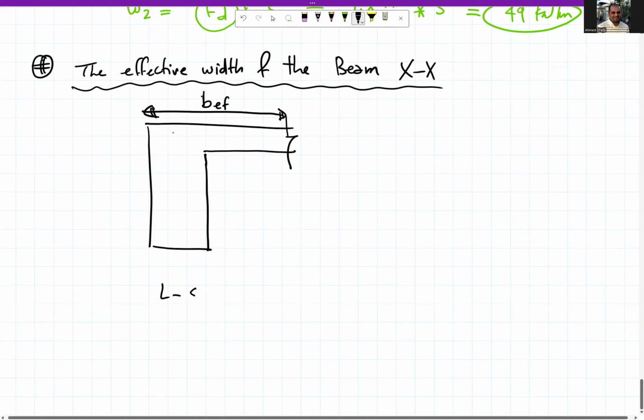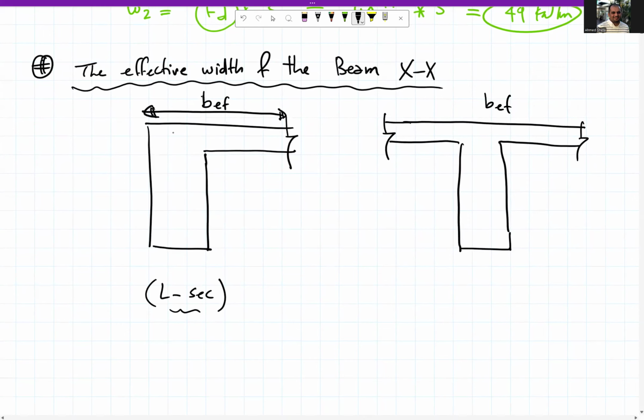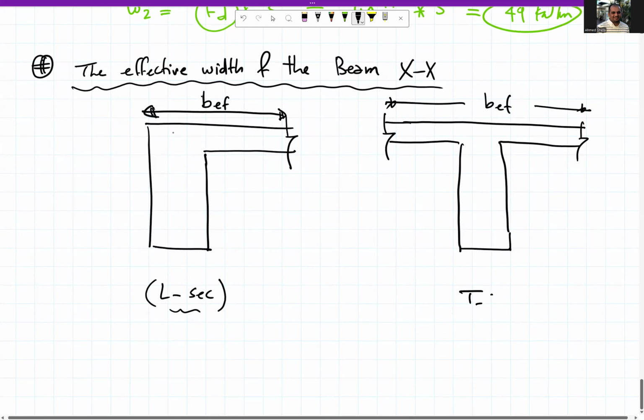This is called L section because we have slab on one side. The other part is B effective here, which is that one here, T section. The stem width here is BW for both of them the same. And here the slab thickness TS and here TS.